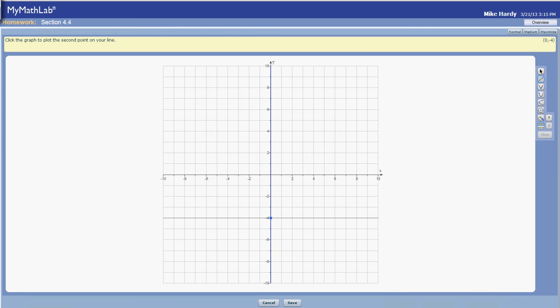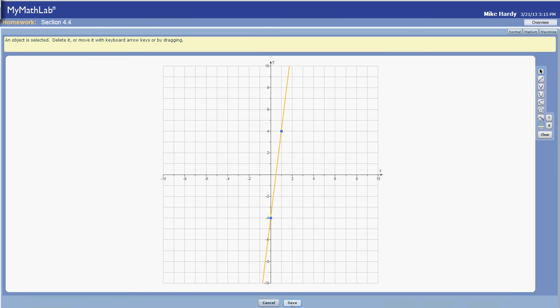That means to go from 0, negative 4, to the next point on the line, we can go up 8 units and over 1. Or similarly, we can go back 8 units, negative 8, and back 1. Either negative 8 over negative 1 or positive 8 over positive 1. But either way, that's going to get us this line.